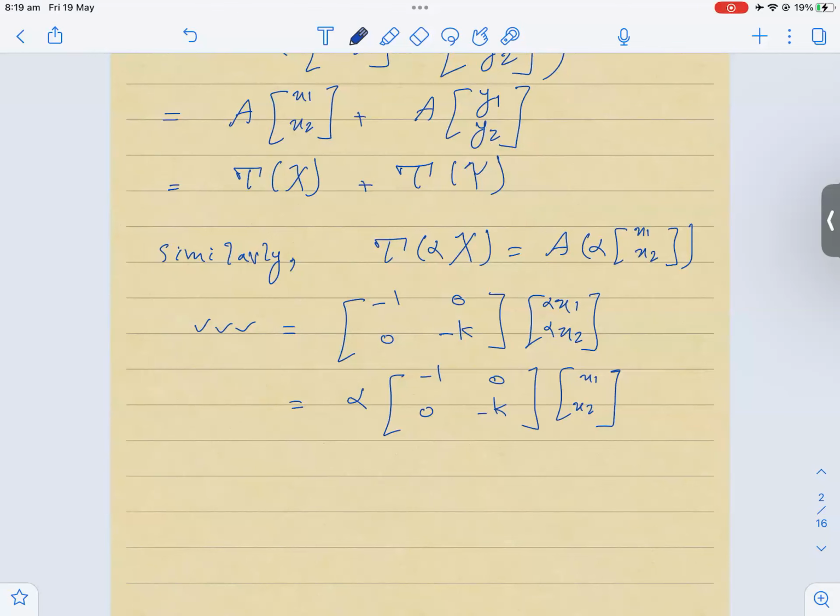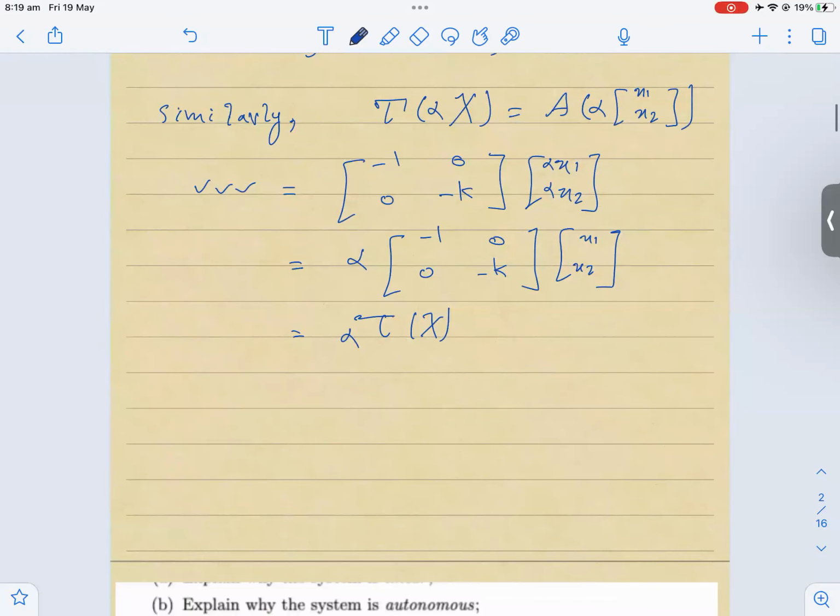So T of alpha X equals alpha T of X, so T is a linear transformation.